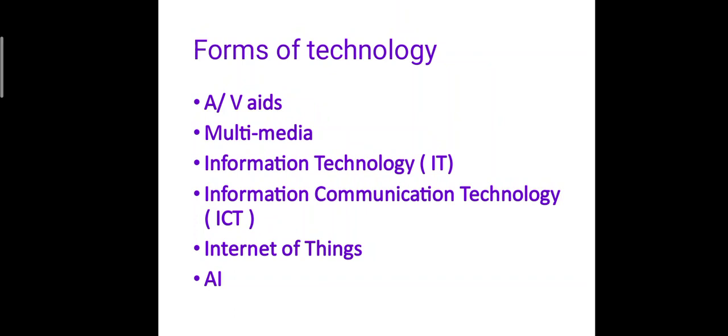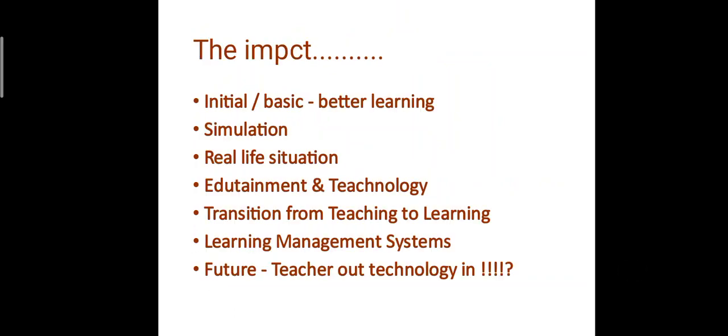So technology is going on its own way now. So these are some of the forms of technology, from mere audio visual aids, from some kind of flashcards or charts, to artificial intelligence.